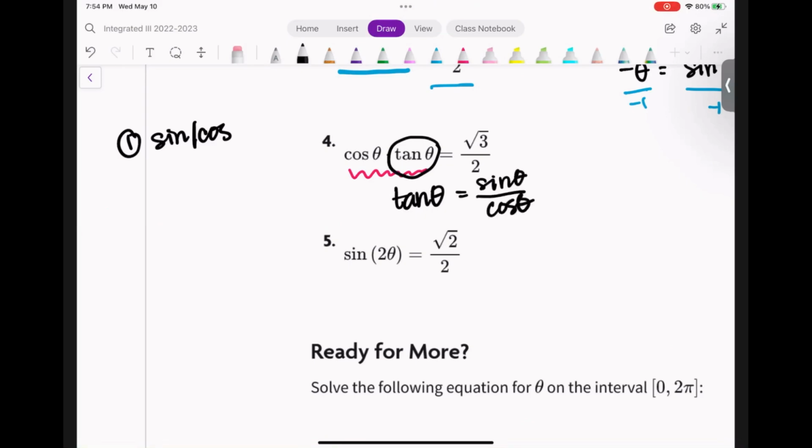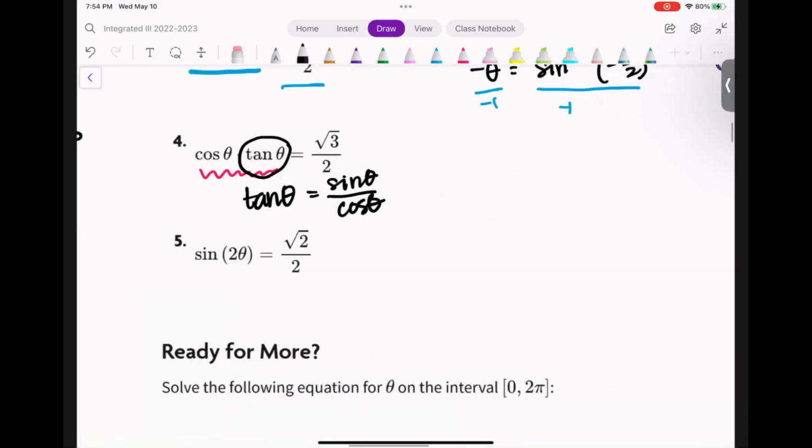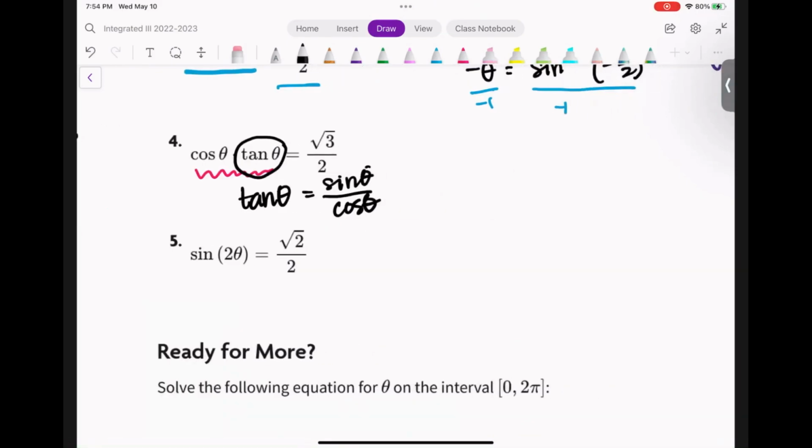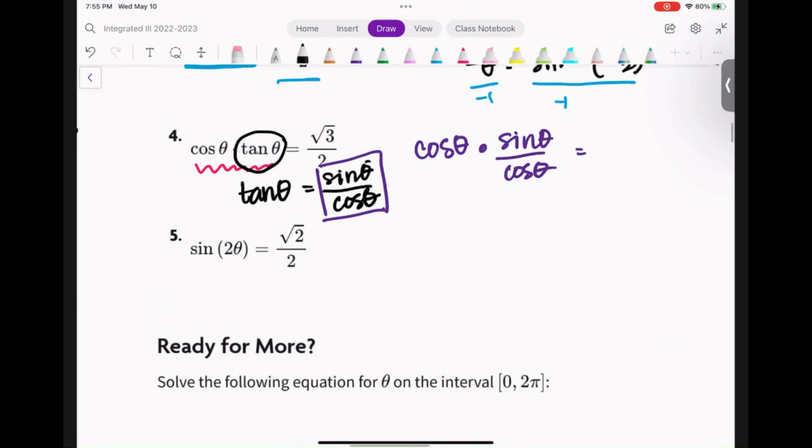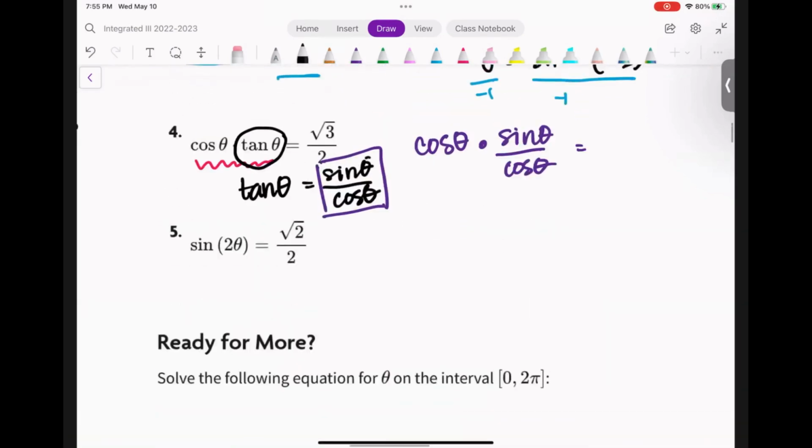So I'm going to rewrite this using this identity. It says cosine theta times, now instead of writing tan, I'm going to write sine theta over cosine theta. And then I'm just going to copy whatever I see on the right-hand side, which in this case is root 3 over 2.